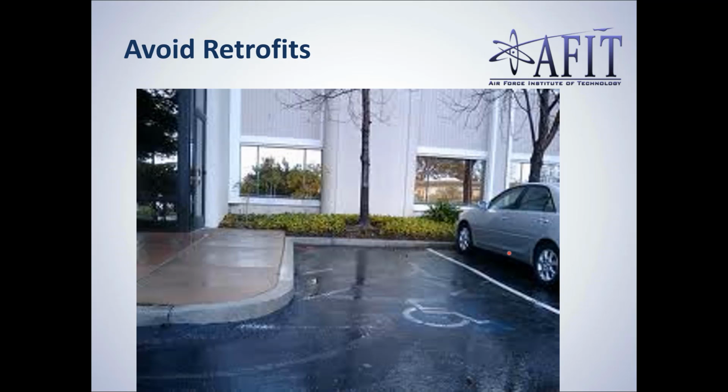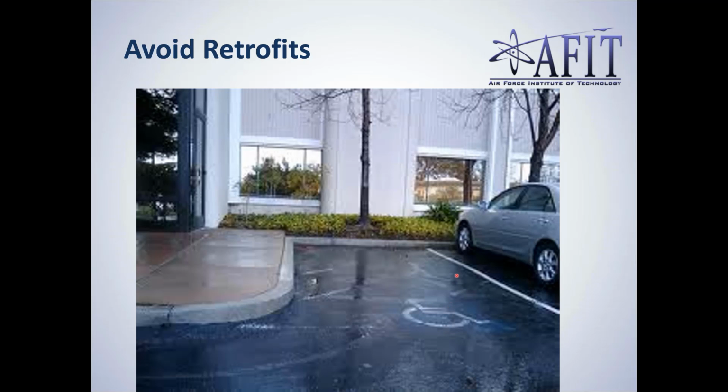Oftentimes, some of these superhuman activities come from retrofits, right? And so here's an example of a retrofit. Whoever built this building probably built it before there was a requirement to provide handicap parking, and so when that requirement came down, they came out and they painted a logo on an existing parking spot with a handicapped symbol.